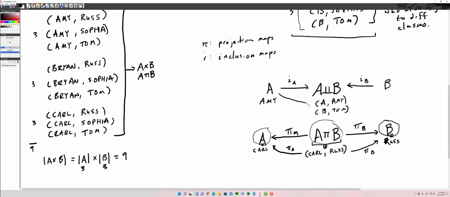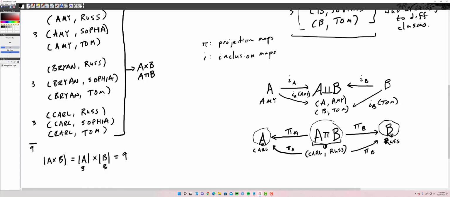So this is I A of Amy. Similarly, you've got Tom is in this group of students and he comes from class B. So this is I B of Tom. And you can think about the difference between I A and I B as being the letter that describes where they come from.